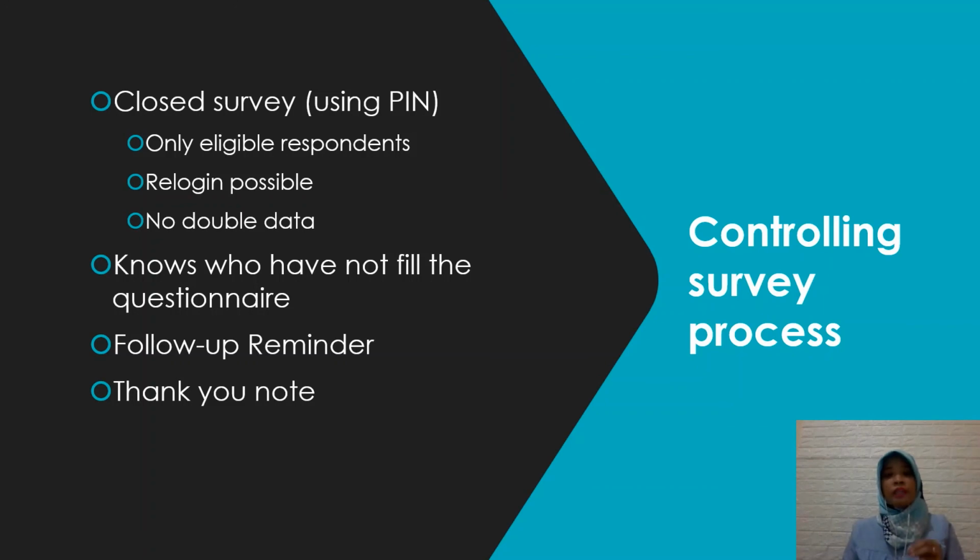You can also send a follow-up reminder to your participants. If you sent an invitation to 100 participants and only 50 have participated, you can send a follow-up reminder to the other 50. And don't forget to also send a thank you note to each of your participants.